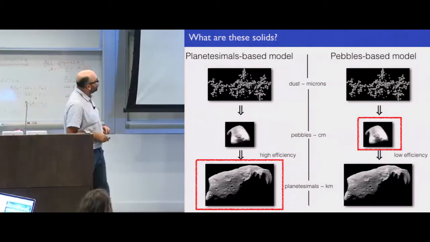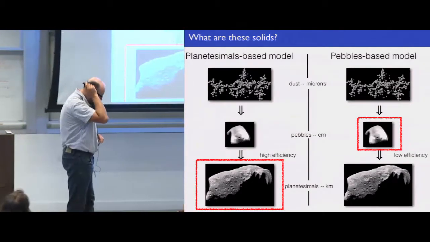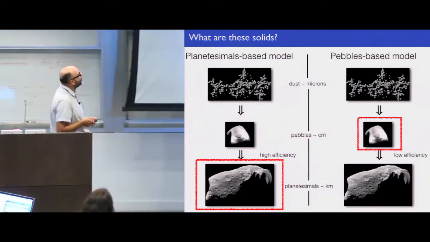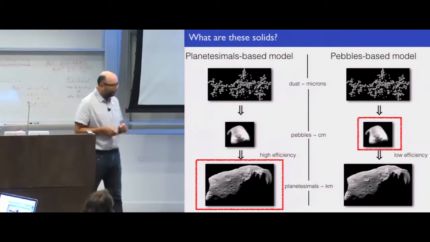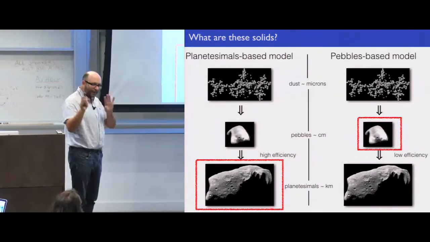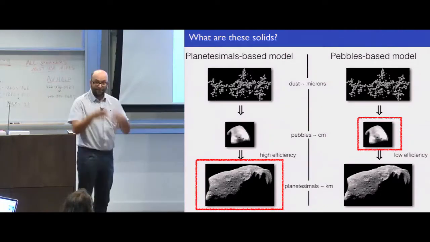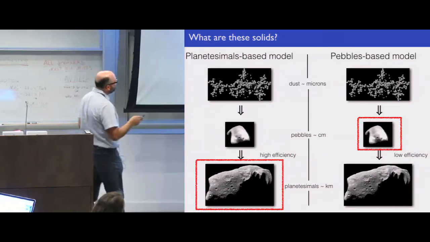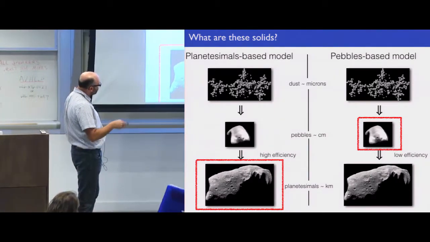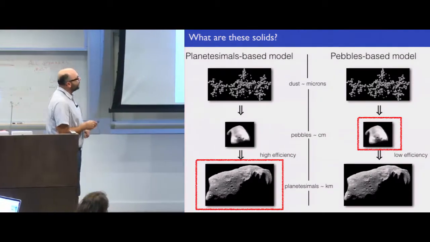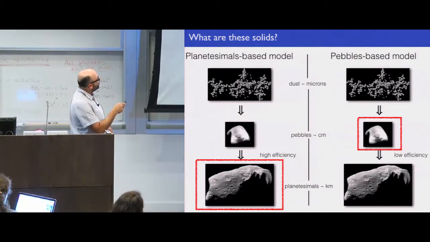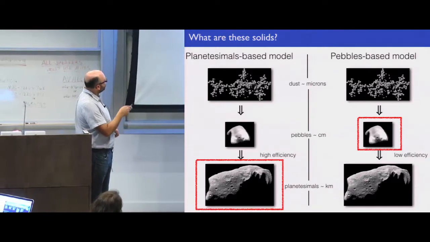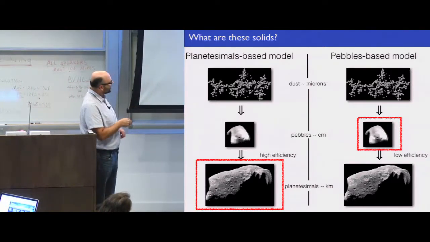As was explained before, one of the main questions now studied is what these solids are that form the core. You have basically two classes of model: planetesimal-based models, old, and pebble-based models, new. They differ in some aspects. What they have in common is that you grow solids from small to big. In the planetesimal-based model, you assume that going from dust to pebbles to planetesimals is very efficient.